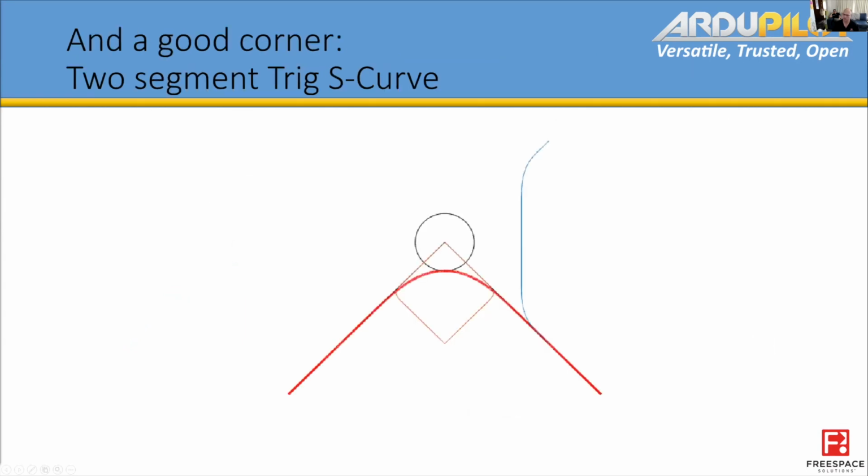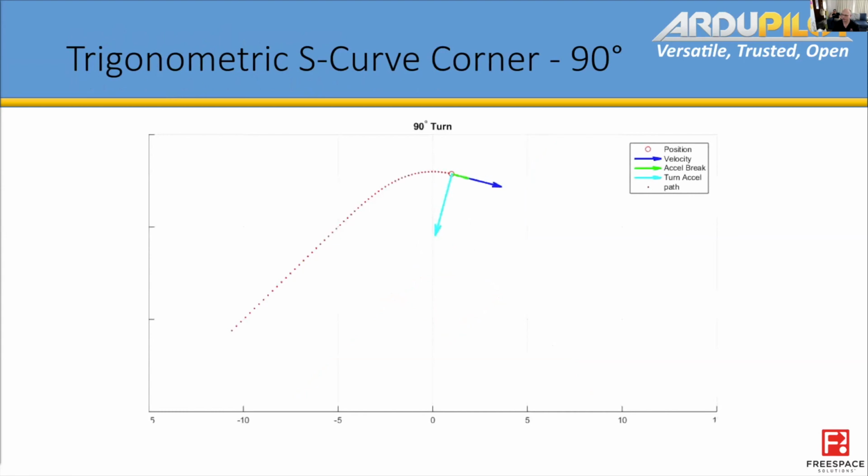So this is what I presented last year. We end up with curves like this, with the acceleration and our velocity slowing down and speeding up. Now what that looks like is something like this as we go around these corners, and you can see the green line showing the braking acceleration, the light blue showing the cornering acceleration, and the dark blue showing the magnitude of the velocity.